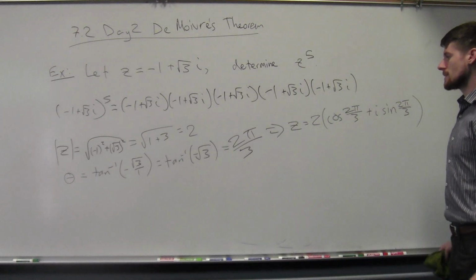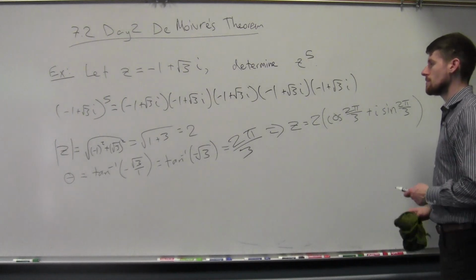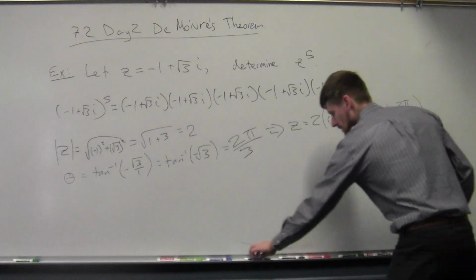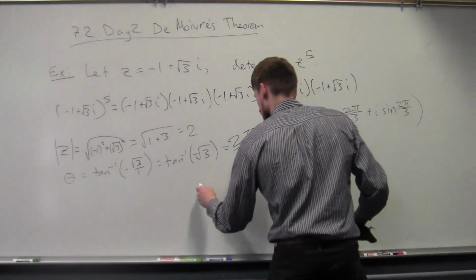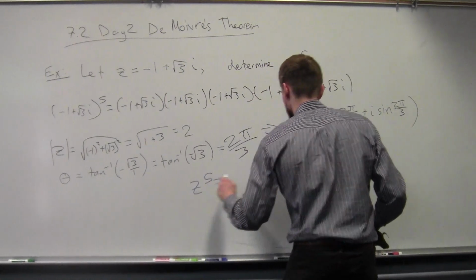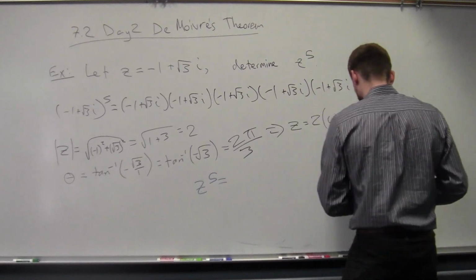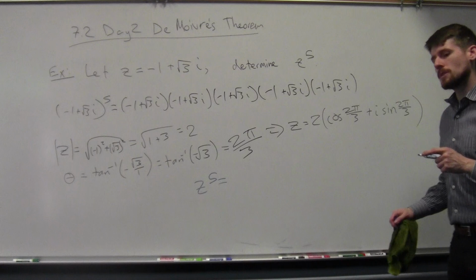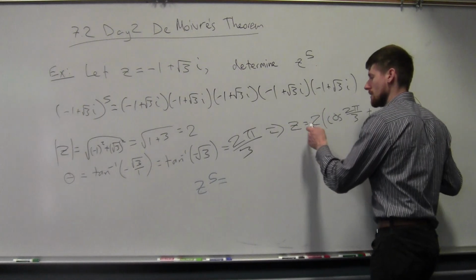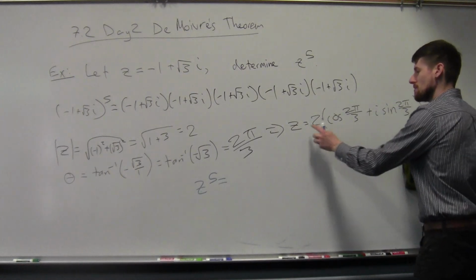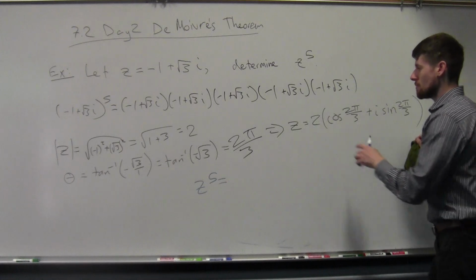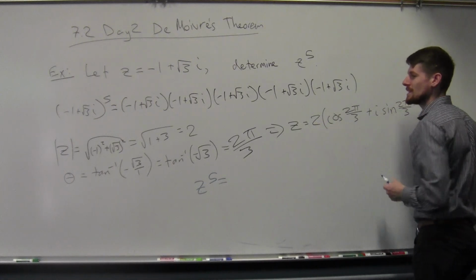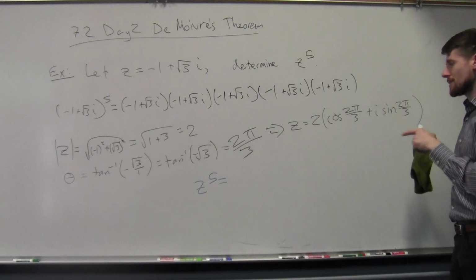So let's raise this z to the 5th power. We're going to do z to the 5th. It's always a good idea when we're doing things with z's to write the slash in the middle so you don't confuse a z and a 2. My z and my 2 look very similar, it's just that the 2 doesn't have the bar in the middle.